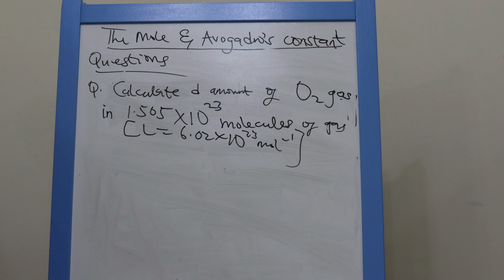And this also, the solution is straightforward. Remember in the notes, I gave you the interrelationship between the number of molecules as well as the Avogadro's constant.